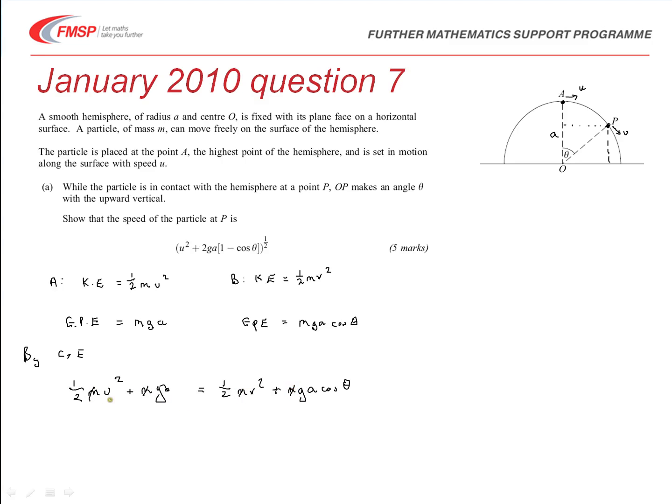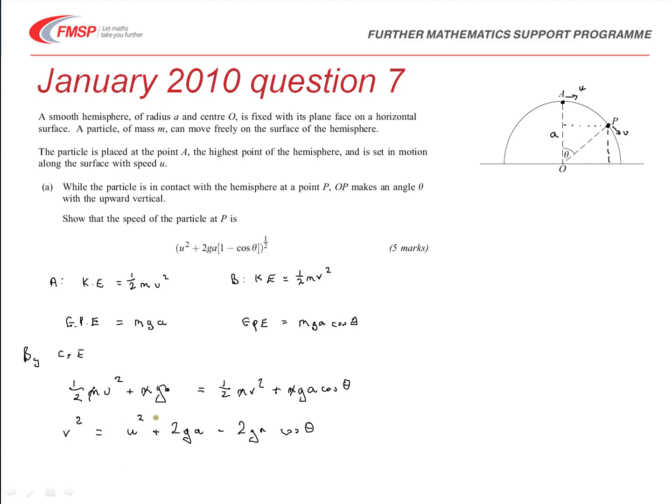We can multiply everything by 2 to get rid of the halves, and then v squared will be equal to u squared plus 2ga, and then the ga cos theta will come across this side and give us minus 2ga cos theta.